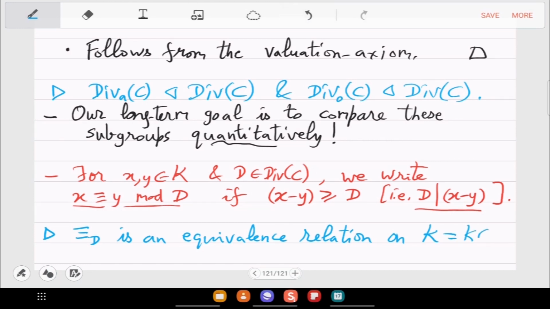That is because, well, x is congruent to x. If x is congruent to y, then y is also congruent to x, and if x is congruent to y, and y is congruent to z, then you basically have x minus y greater than or equal to d and y minus z greater than or equal to d.